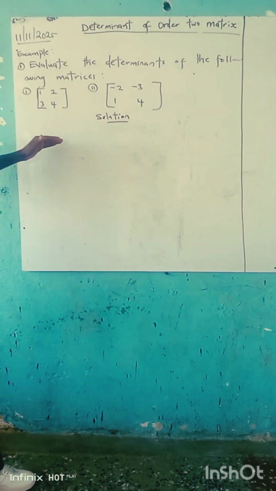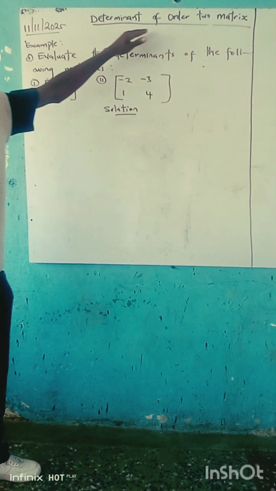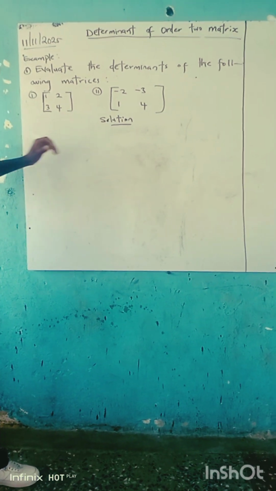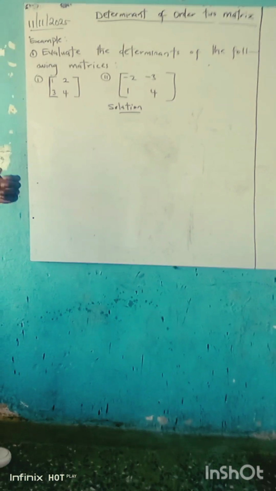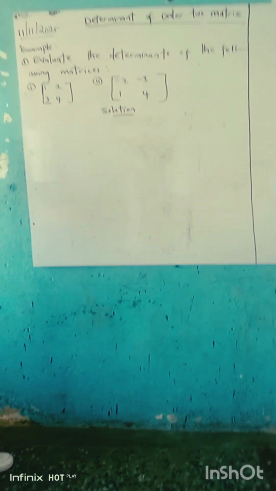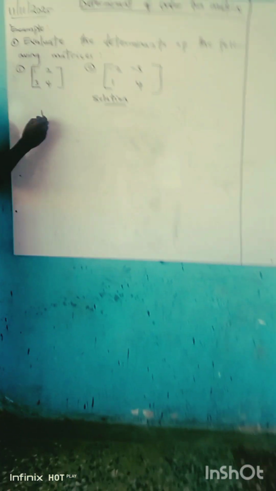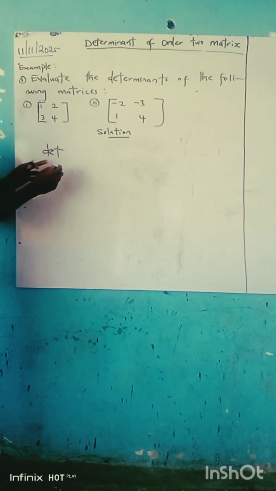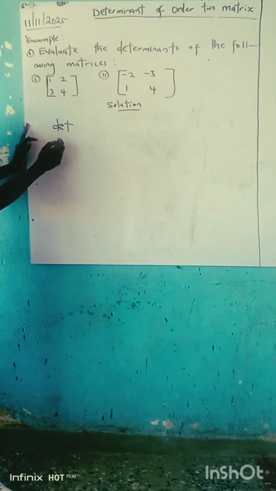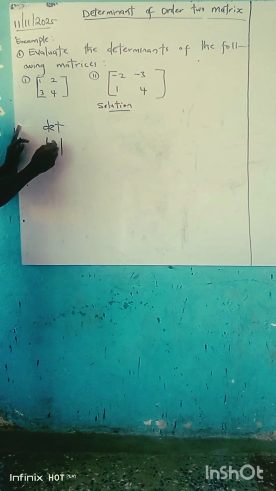So now, how are we going to determine the determinant of an order 2 matrix? That's what we are going to look at now. The determinant can be represented in two different ways.